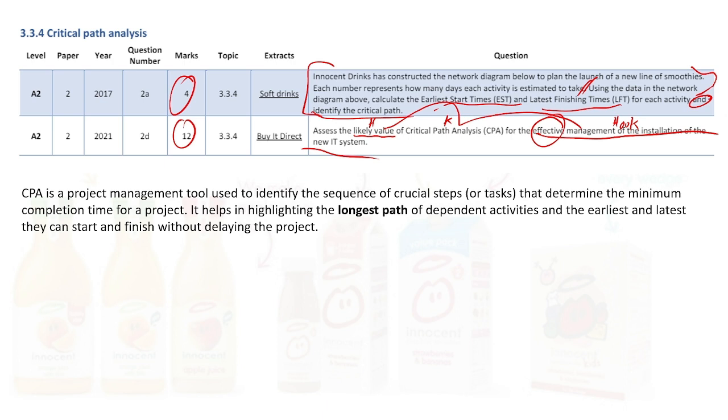Everything starts with a good definition. This is a bit wordy, but I want something in my definition that comes up with longest path and clearly without delaying the project. Now this bit here, without delaying the project, suddenly prompts me to look for qualitative evidence in the case study, if this was an essay question, looking for possible things that might delay the project.